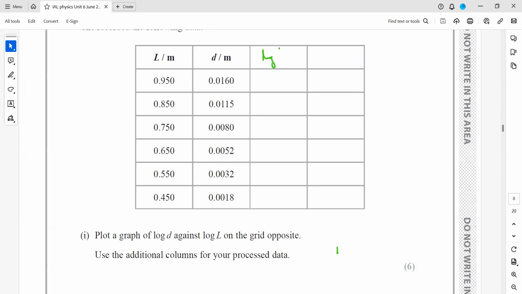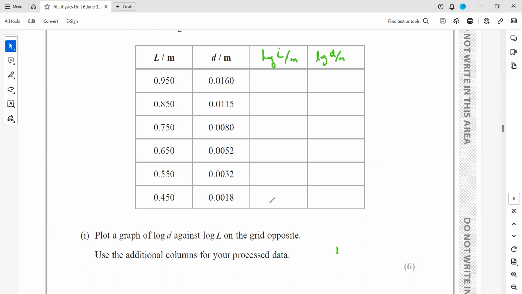Whenever you write your answer, especially for logarithms, it's better to write three decimal places. When you're taking logs, write the answer to three decimal places. So we have log L, where the unit is meter, and log d, where the unit is log of d per meter.